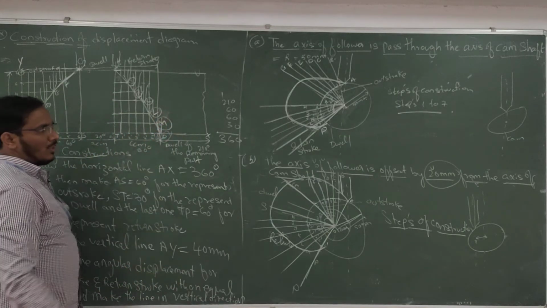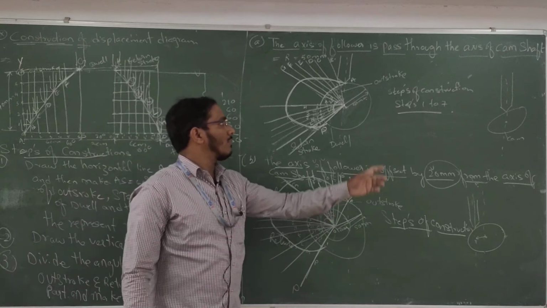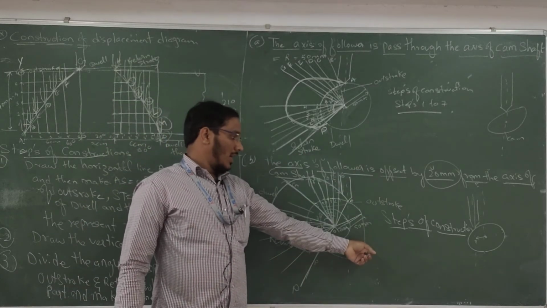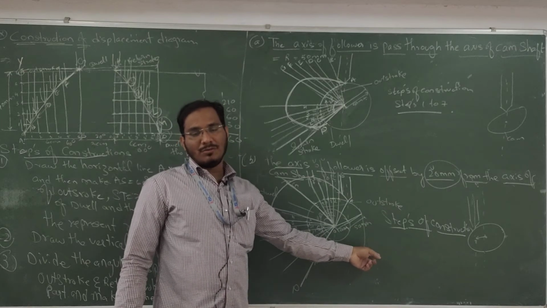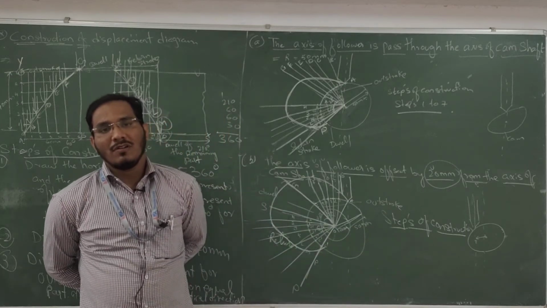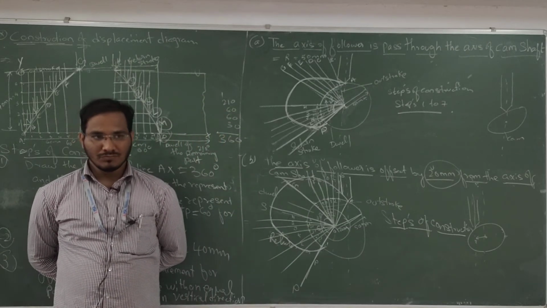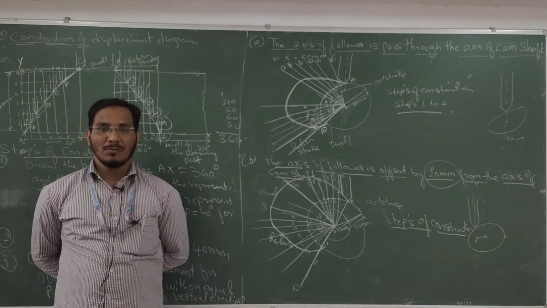Like this you have to take the steps of construction from this point as well as this point also. This is your completion of the cam profile on a radial cam, with simple harmonic motion and uniform velocity.